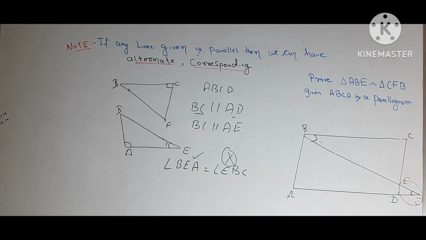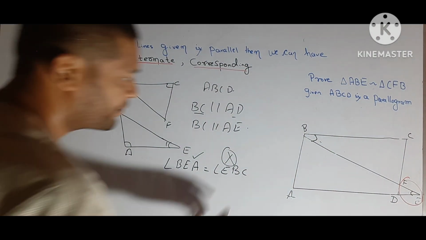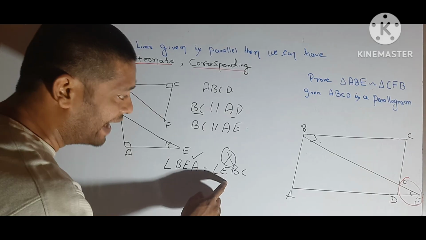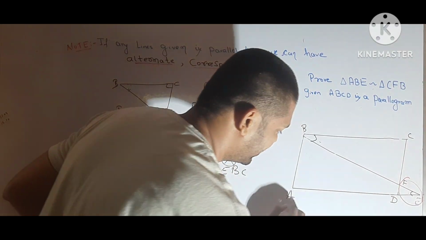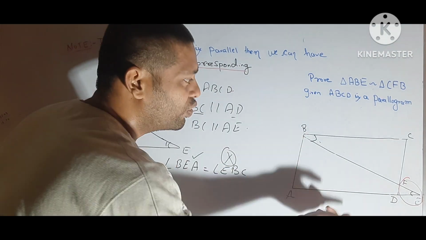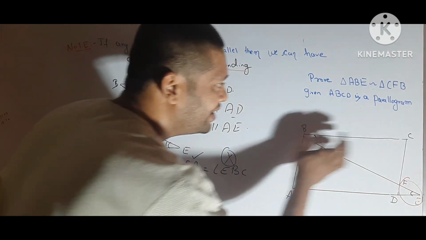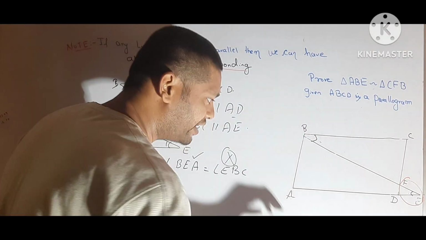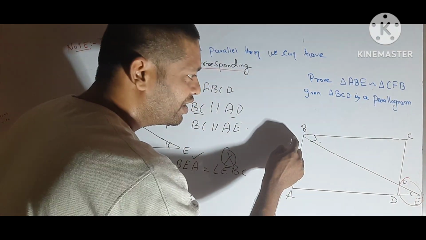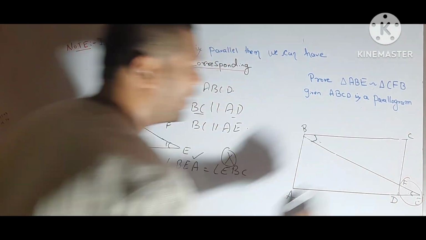Because of that extended part, I'm not going to get the angle which is present in this one triangle. So when I said AEB equal to EBC, the first point, I have proved that they two are equal. Now next I am saying AEB equal to FBC. Why, sir?